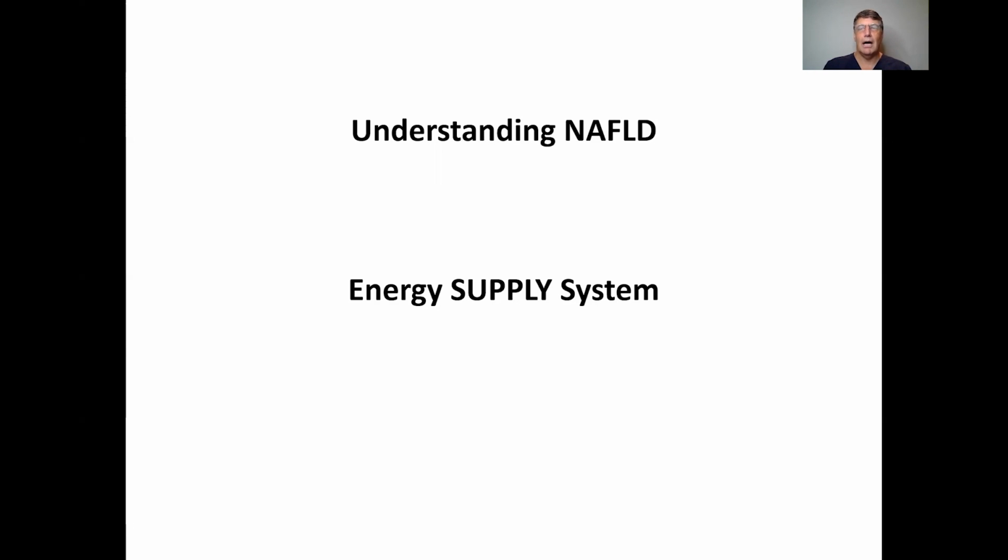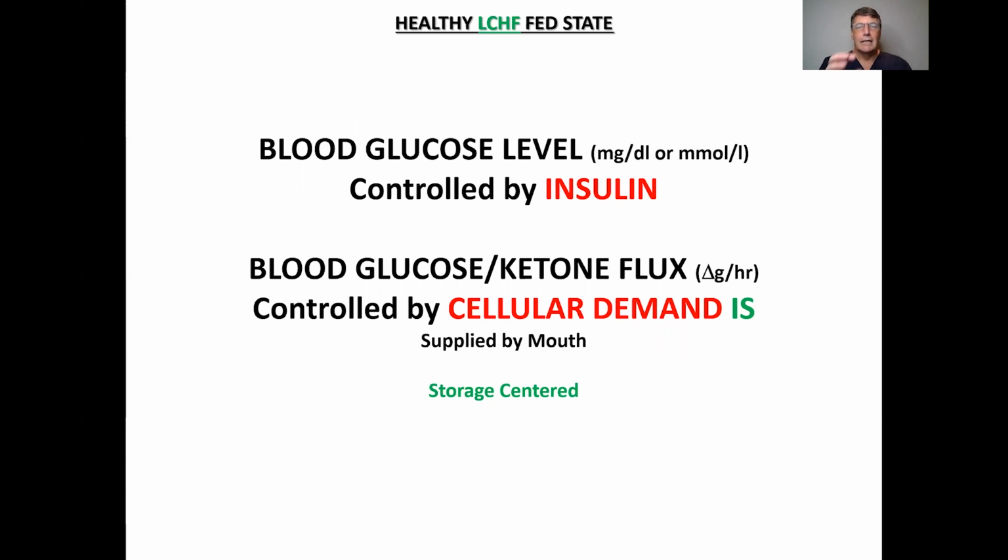On a low carbohydrate, moderate protein, high fat diet, let's see what happens. Under these conditions, as you eat, even if you don't eat a lot of sugar, your blood sugar levels do rise slightly, imperceptibly slightly, from that fasted baseline. And now we switch over to insulin control.